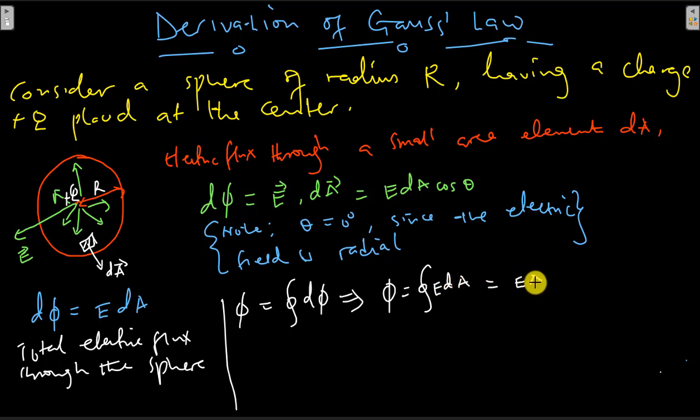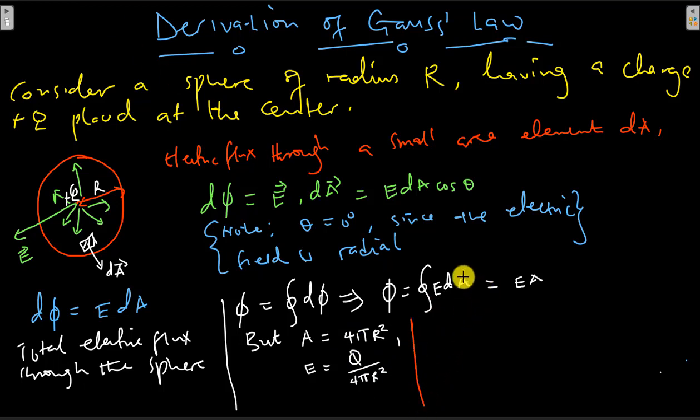which is the same as EA. We know that the area of the sphere is given by 4 pi r squared, and we also know that the electric field intensity due to the charge plus Q is given by Q over 4 pi epsilon naught r squared. So let us substitute A and E in our equation.